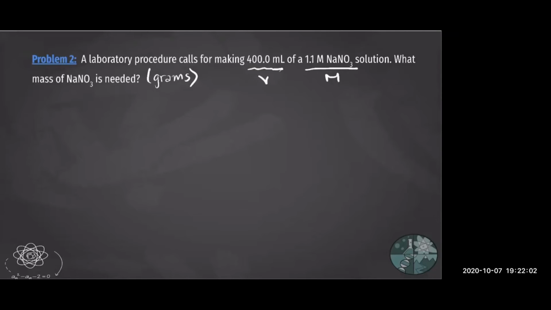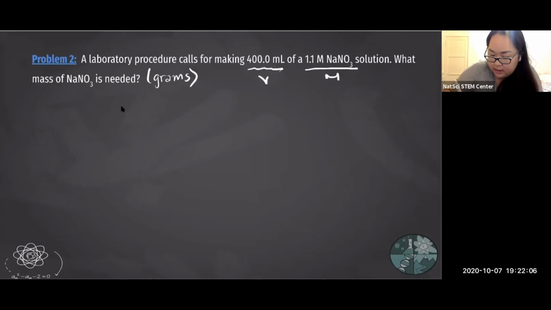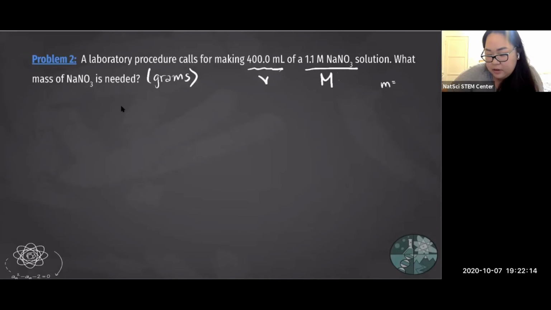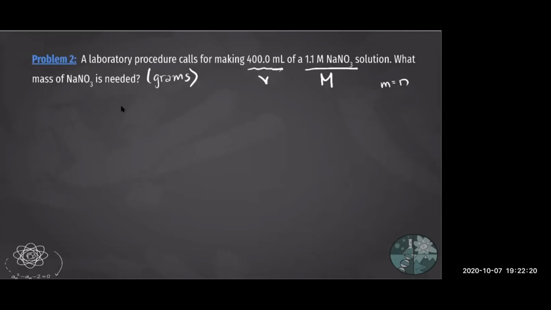Wait, so the big M is moles? Big M is molarity. Little m is mole, or mole can also be denoted as N. You might be used to seeing it as N in a formula.